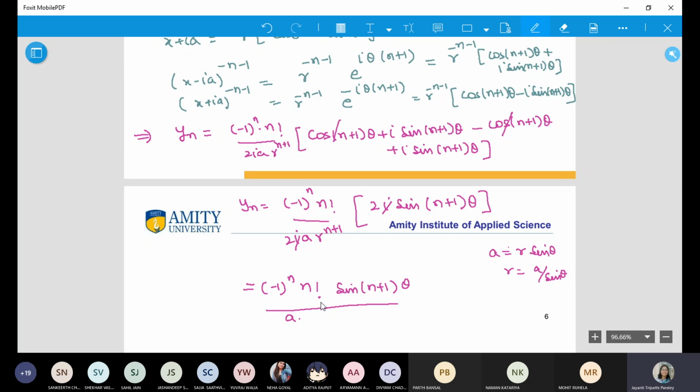So if you put it here, a into a to the power n plus 1 into sine to the power n plus 1 theta. So this is the answer, right? We can write this.